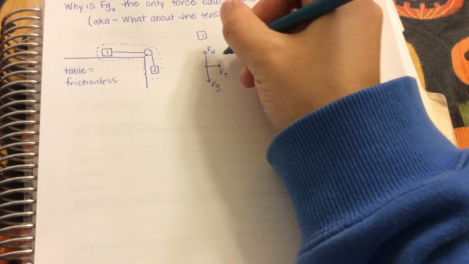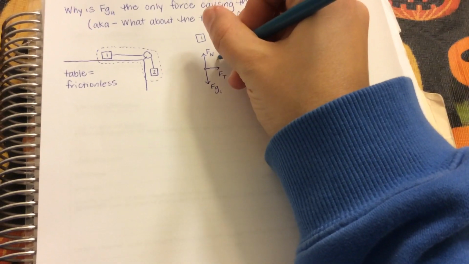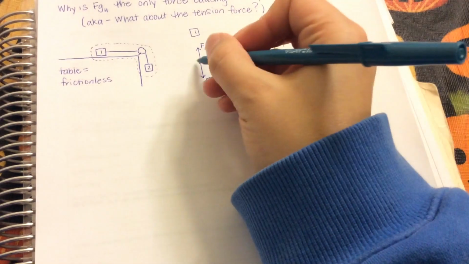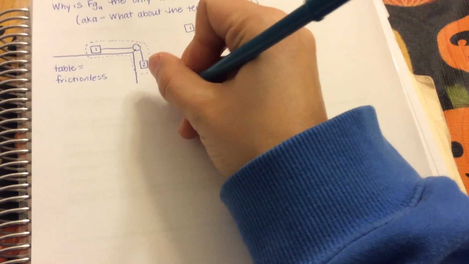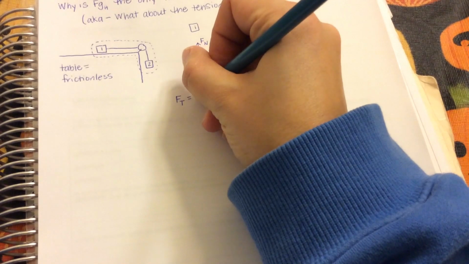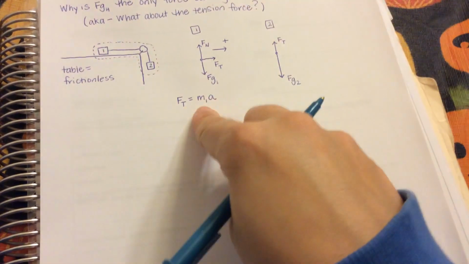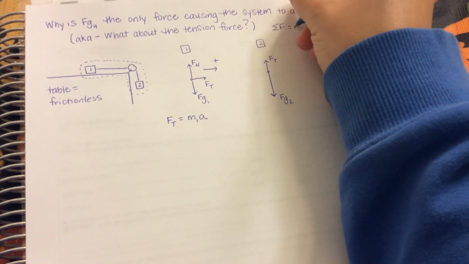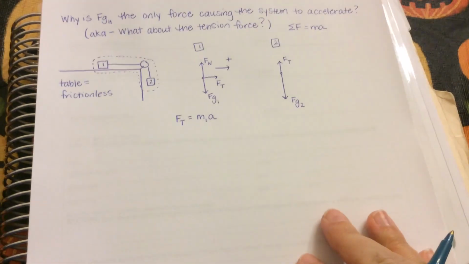For block number 1, since it's going to move to the right, I'm going to make right positive. For my net force equation in the horizontal direction, I'm going to write force tension equals M1 times A, the mass of block 1 times A, because we're using Newton's second law, net force equals MA, for all of these net force equations.